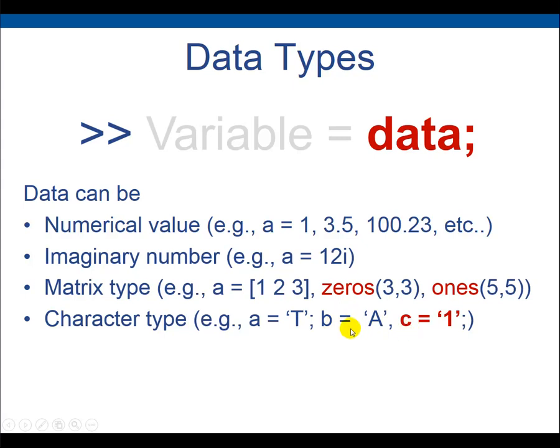That means this variable contains the alphabet character T, and B contains A. But here you can see C equals 1 with a single quotation mark, which means the variable C contains character 1, not numerical value 1. You know what I'm saying? So this C contains a character, not a numerical value.